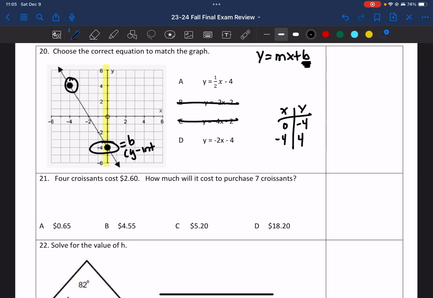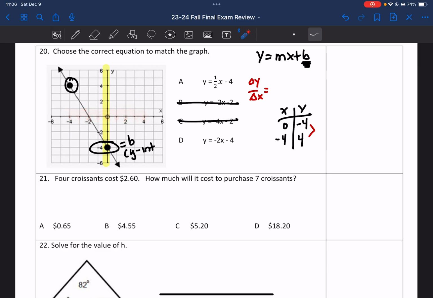Now remember, what we like to do here is change in y over change in x. Between -4 to +4, that is going to be 8. Now remember, if you can't do this in your head, you can always look here. We're going here: 1, 2, 3, 4, 5, 6, 7, 8.